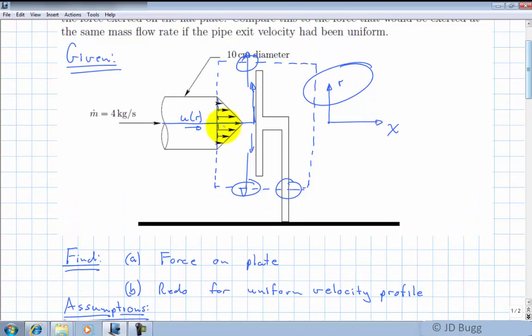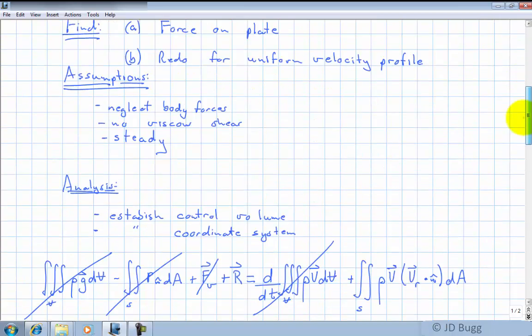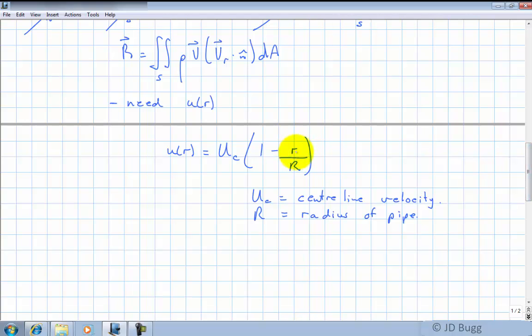Likewise, on the center of the pipe, r is equal to 0, and this velocity should be the center line velocity. So let's see what happens there. When r is 0, u is just the center line velocity. So that's where this came from. It's a linear relationship because u depends directly on r, and it evaluates to 0 at the pipe wall and uc at the center line.